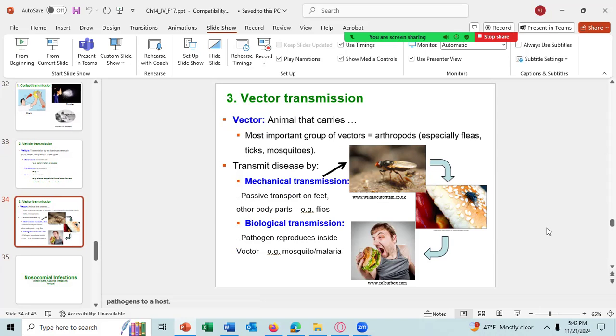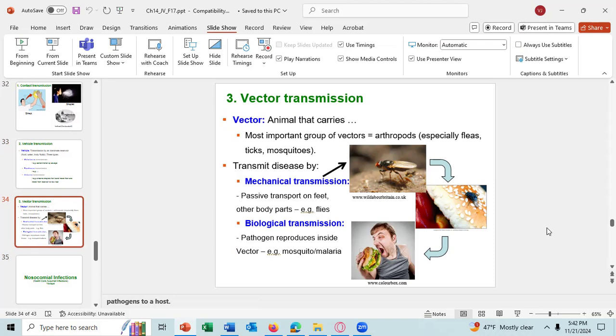All right, let's move on to the third way that disease can be transmitted. That's vector transmission. A vector is an animal that carries the pathogen to a host. The most important group of animals or vectors are biting arthropods, especially fleas, ticks, and mosquitoes, whose bite can transmit the disease.